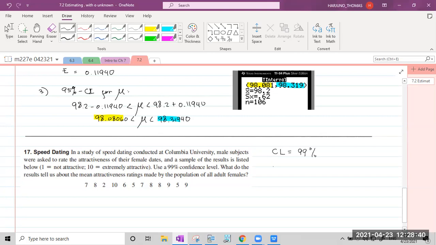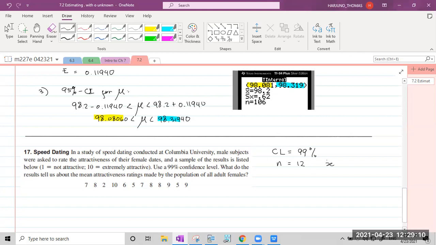Now, instead of giving us the statistics from the sample, they give us the raw data. Now here, what is the sample size? 1, 2, 3, 4, 5, 6, 7, 8, 9, 10, 11, 12. So n equals 12.